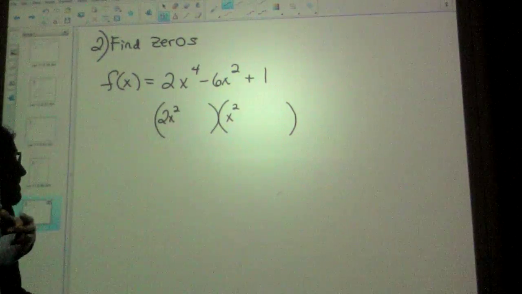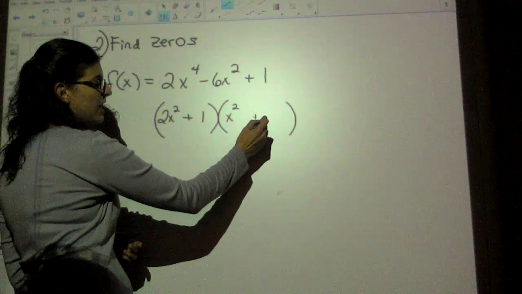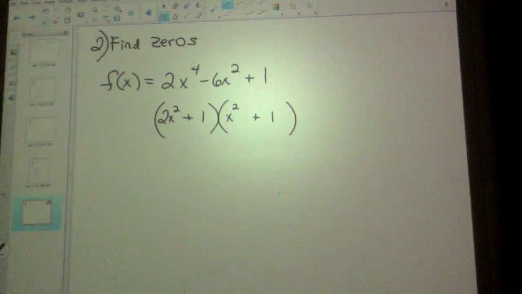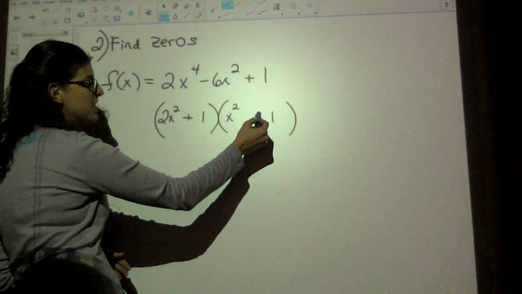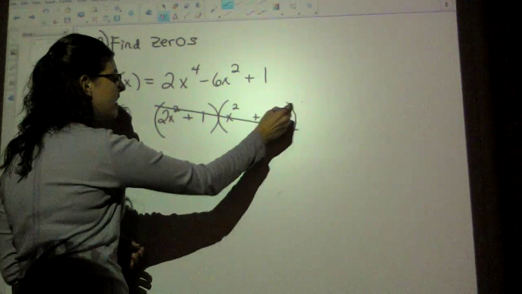So this thing could factor with plus 1, factors of the last one put in the last positions. Does that work though? It doesn't. If I change it to minus 1 here and here, is that going to heal all wounds here? No. So this thing does not factor.